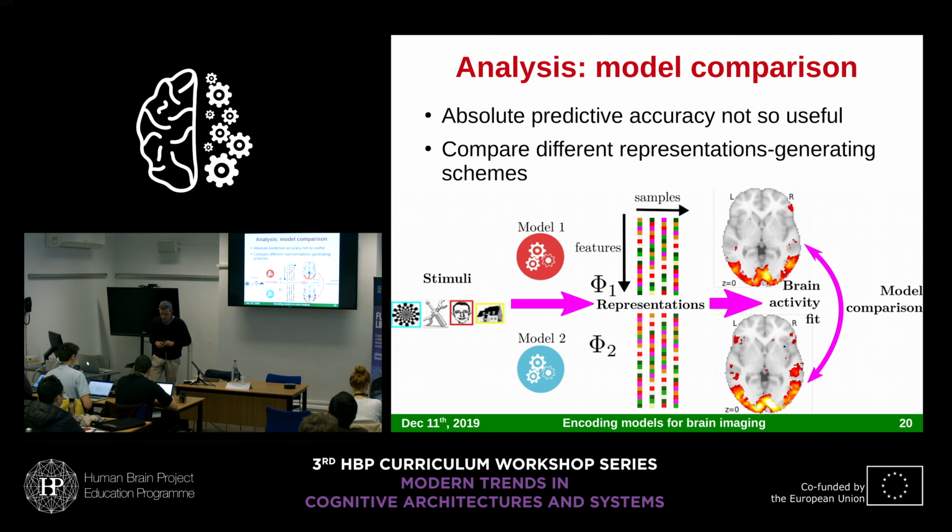Okay, to go a bit further, we need to introduce the notion of model comparison. Typically you will use some set of stimuli, and then you can generate different representations. The so-called mapping phi that I called phi from the beginning: there's actually no unique choice of phi.